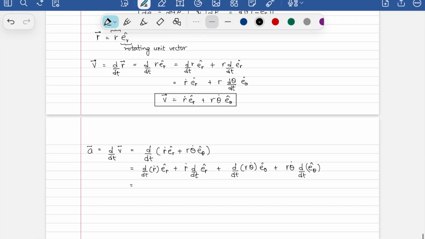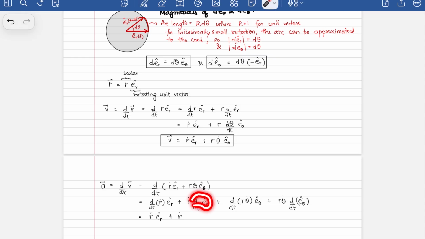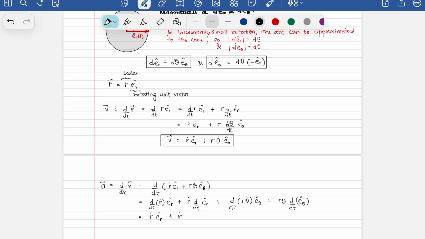Now the first one becomes r double dot er hat. Second one becomes r dot. Now this infinitesimally small differential quantity can be replaced with this. So you have d theta dt, so that is theta dot e theta hat. And then now you have this here. It's a scalar product rule.